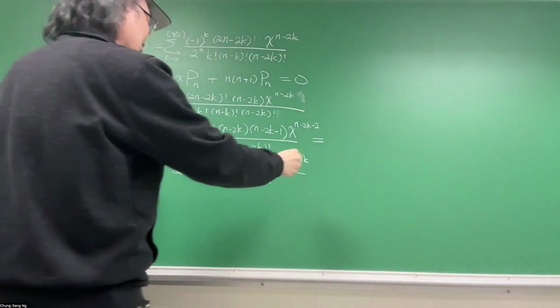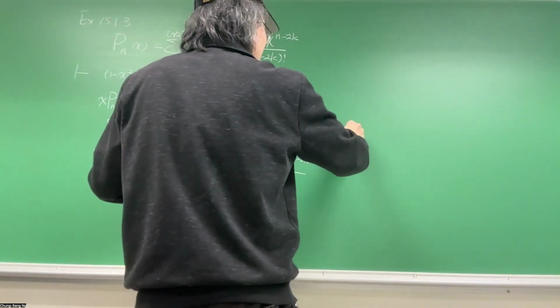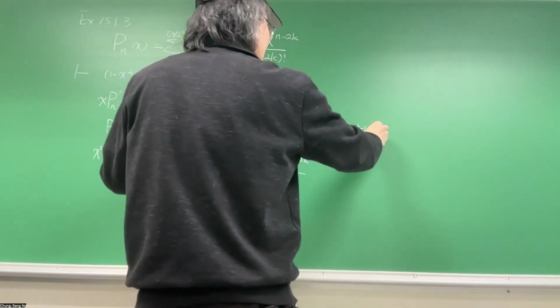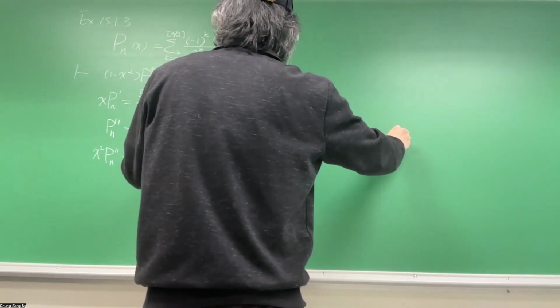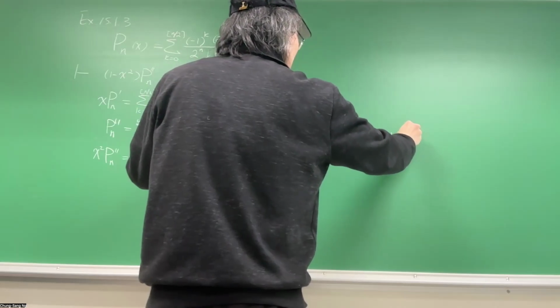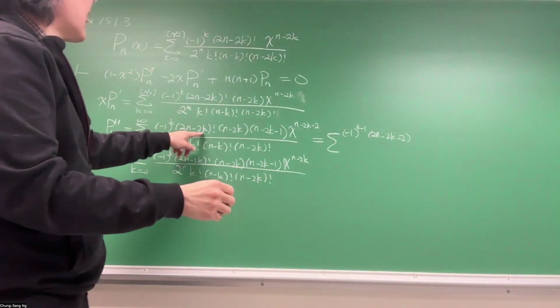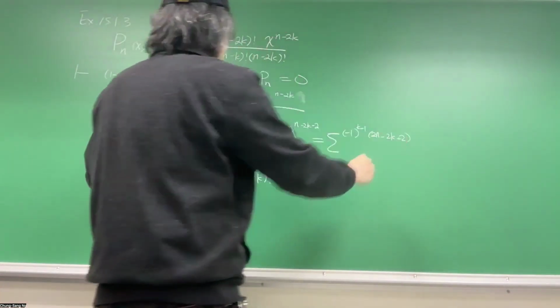Okay, and then you figure out the limit later. But let's write everything first. K minus 1 in n minus 2k. Now it's minus 2, right? Not minus 2. K becomes k minus 1, so this is plus 2, right?